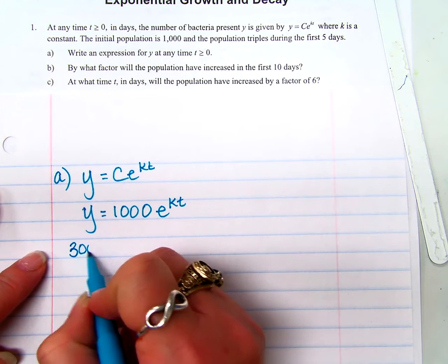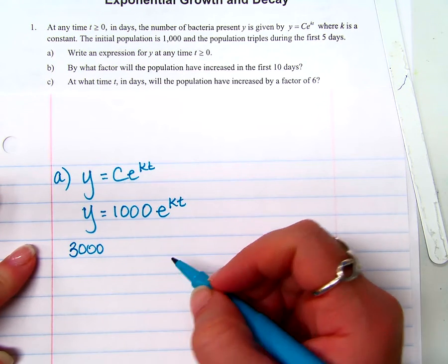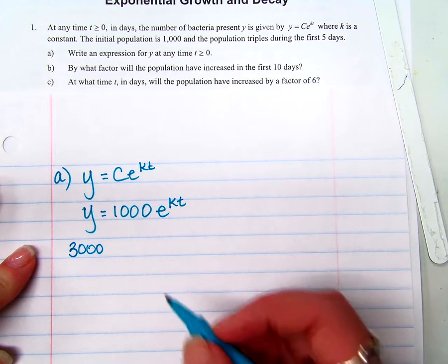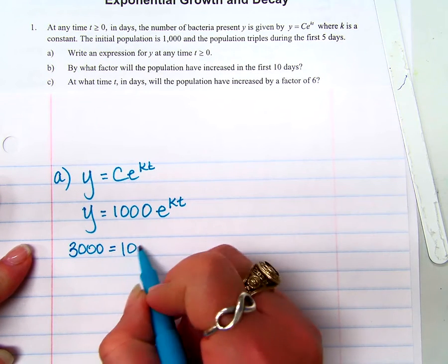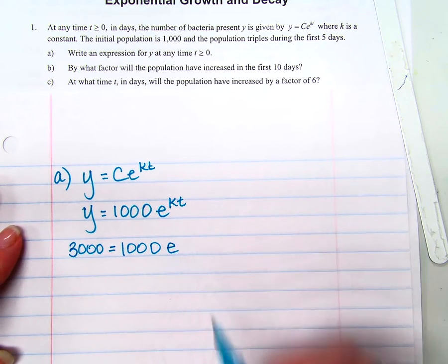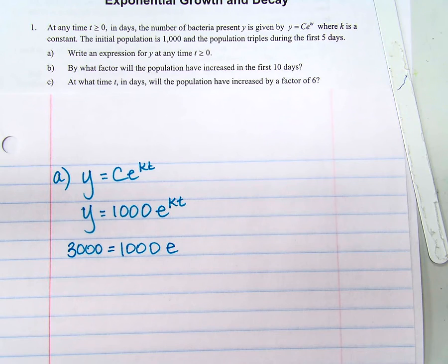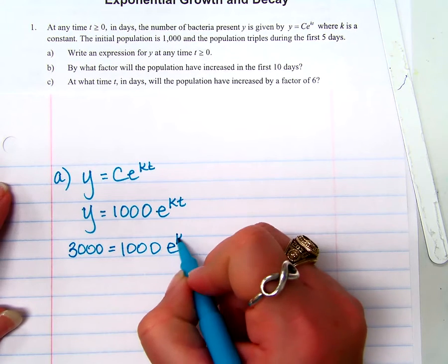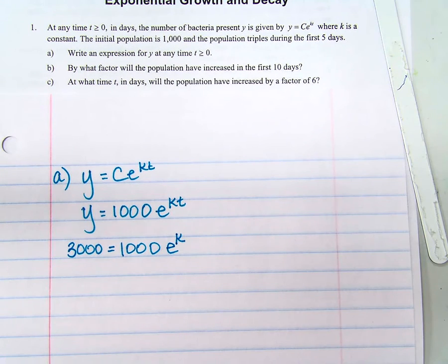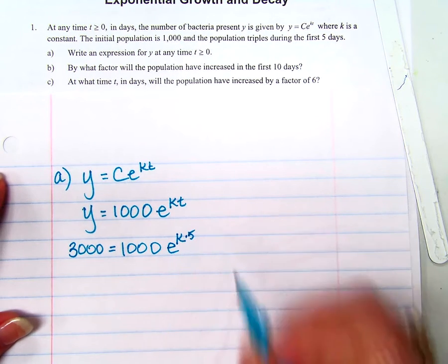Why would I put in 3,000? Oh, it triples. If it starts at 1,000, triple of that would be 3,000. You guys are so smart today. e to the k, which is what we're trying to solve for, times t. t being 5. Yeah, you're right, 5.